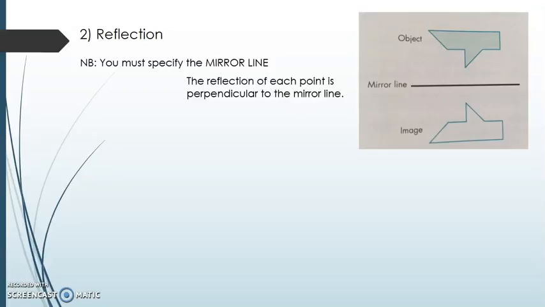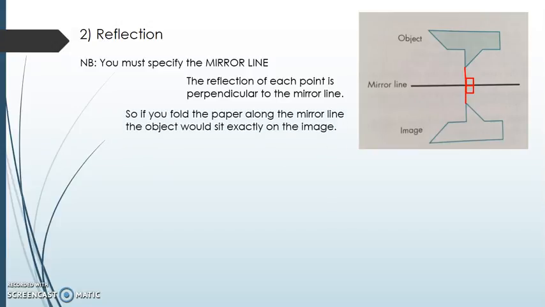That means it meets the mirror line at 90 degrees, like that. And the same thing with the same point from the image. It meets the mirror line at 90 degrees. So, if I was to fold the paper along the mirror line, the object in blue would sit exactly on the white image.